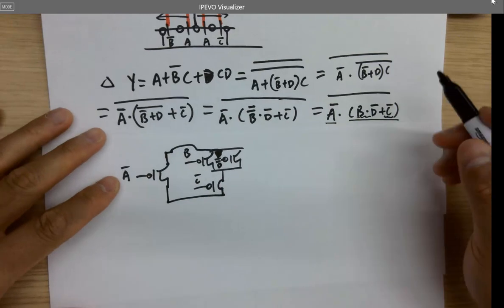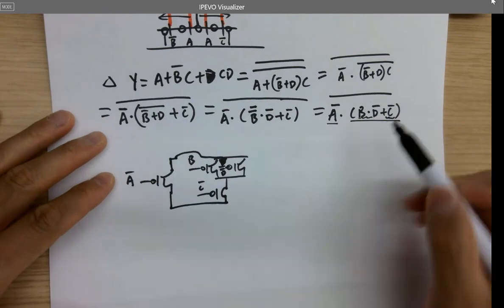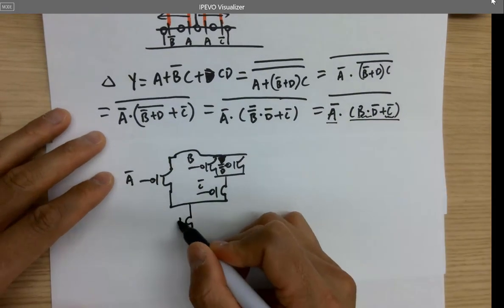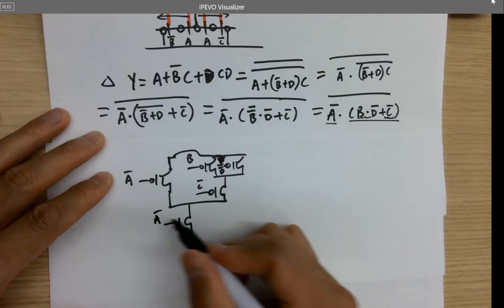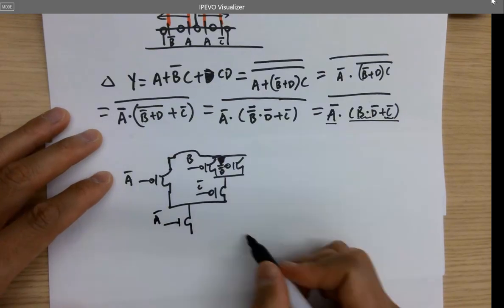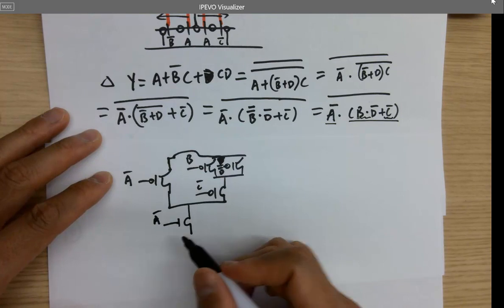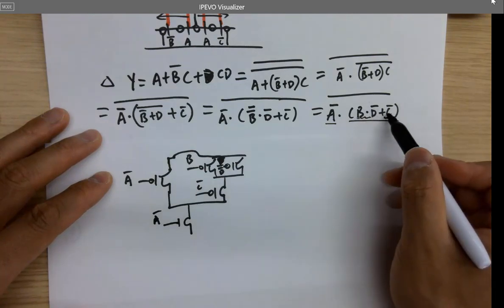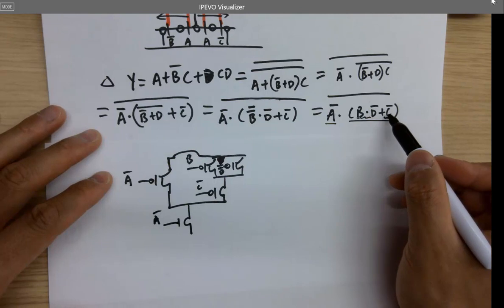For NMOSes, these two are in series, so you need A naught first, and then the rest of the logic at the bottom. And because these two are in series and this is in parallel, OR logic is in parallel. These are in series.